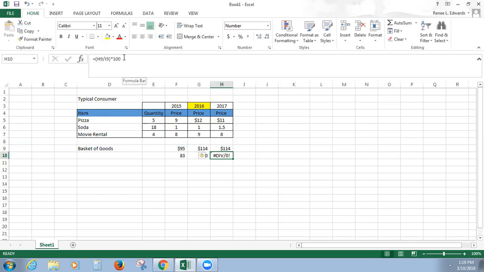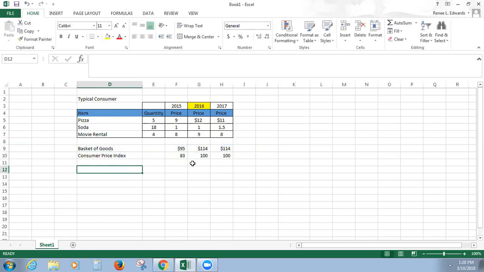If I do the same thing here, let's figure out what our formula says. It's 114 divided by, not here, but it's going to be 114 divided by our price in our base year times 100, right? All right, so this would then be the index, the consumer price index.